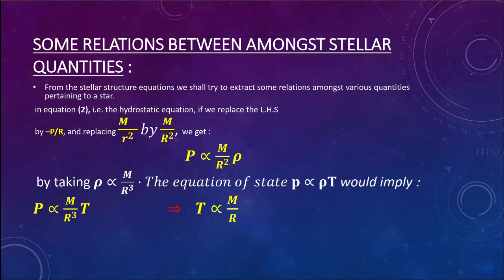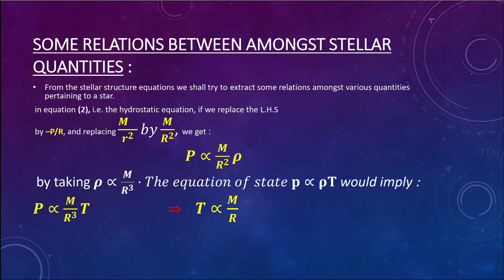So from the second basic stellar equation, also called the hydrostatic equation, we replace the LHS by minus P by R, and correspondingly we replace the M by R square. Then we get that P is directly proportional to M by R square into rho.